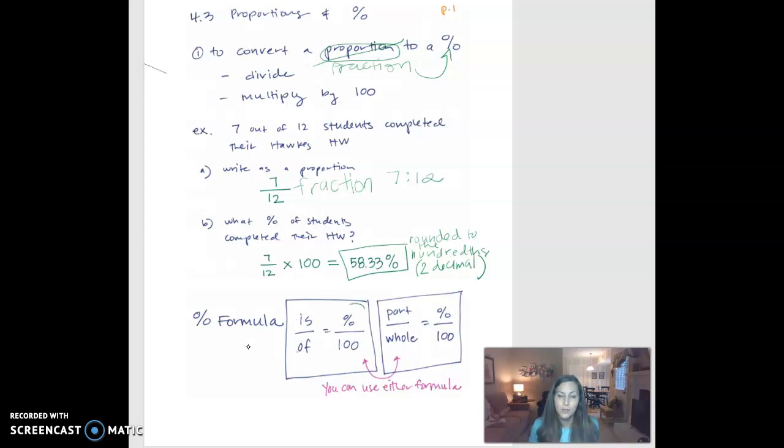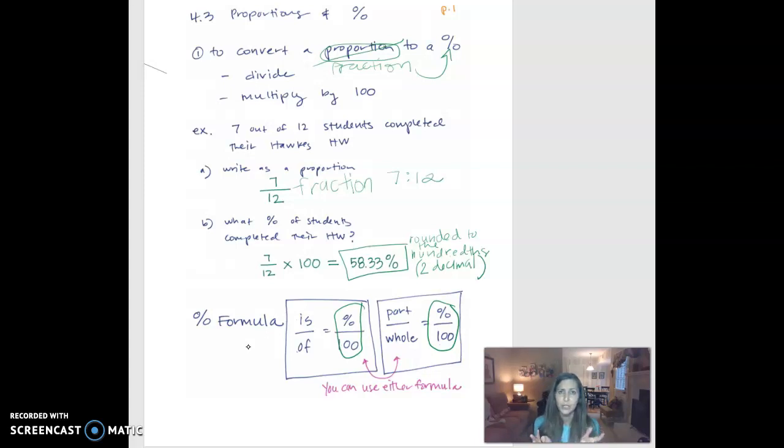Now, notice that both of these formulas have the percent over 100. Why is that? Because by definition, percent means out of 100. It doesn't mean out of 10, doesn't mean out of 50, doesn't mean out of 75. The definition of percent means it's out of 100.